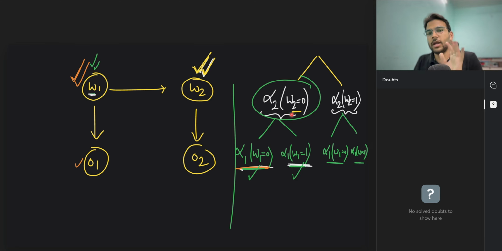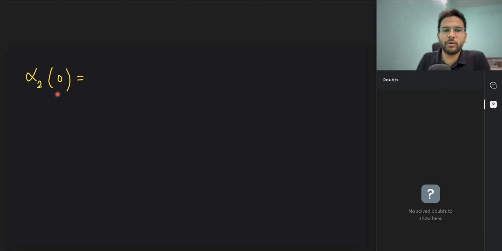Okay. Now how can we write it? We know that we need this value multiplied by probability of W2 given W1, plus this value multiplied by probability of W2 given W1. Okay, let me just write it first, then you will be able to understand clearly.